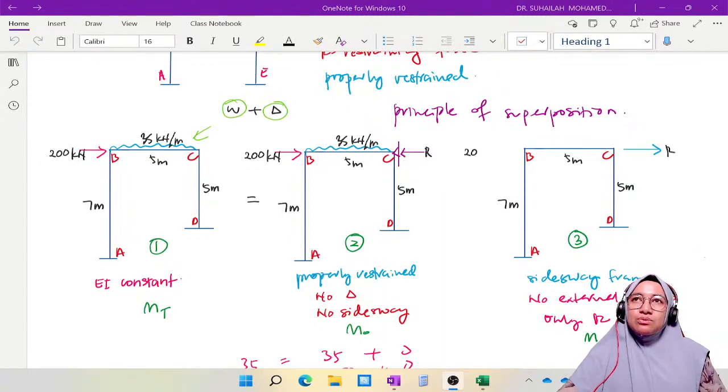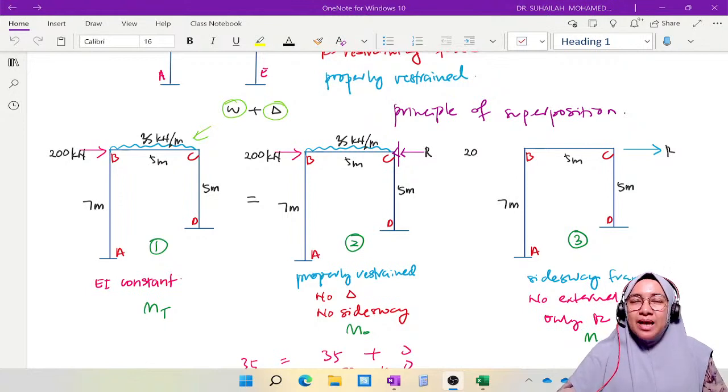Because we need to analyze FEM separately, between external loading and side sway delta. We cannot combine FEM due to external loading and delta together. We have to separate external loading and delta.